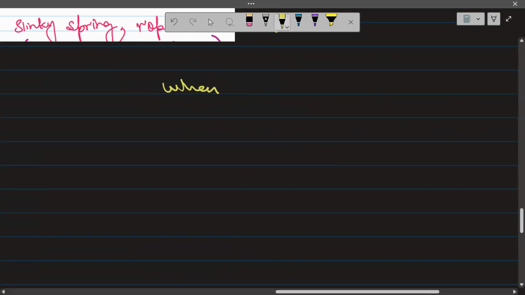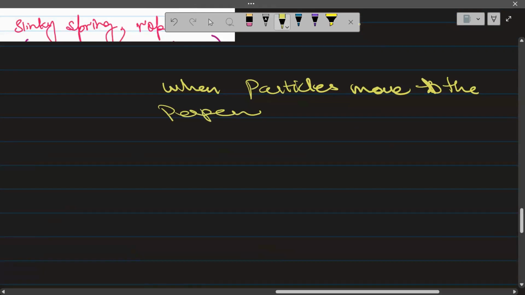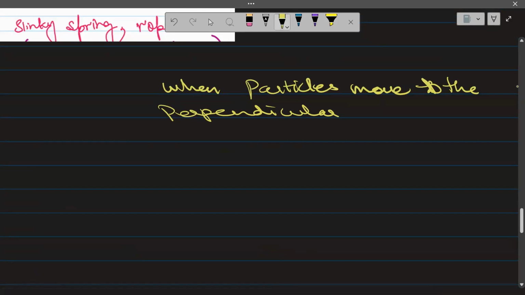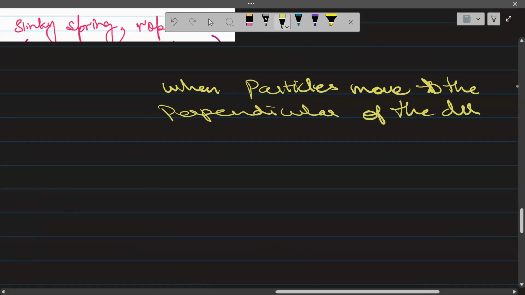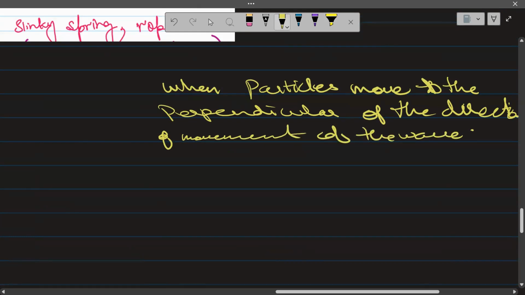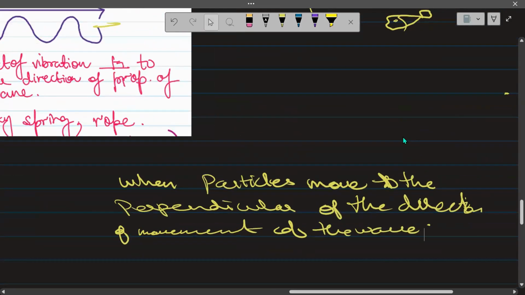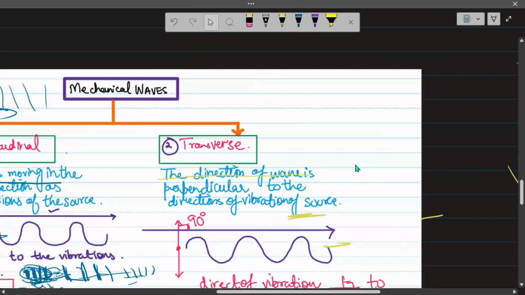When particles move perpendicular to the direction of movement of the wave, this is also a good definition.